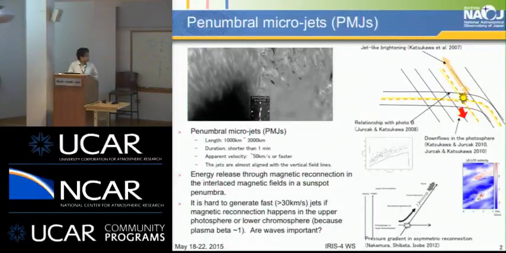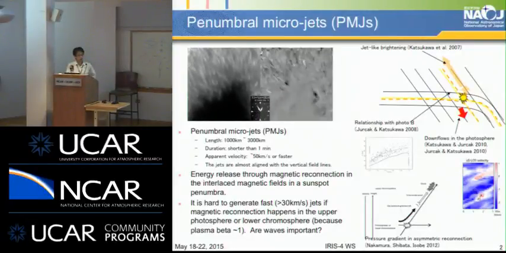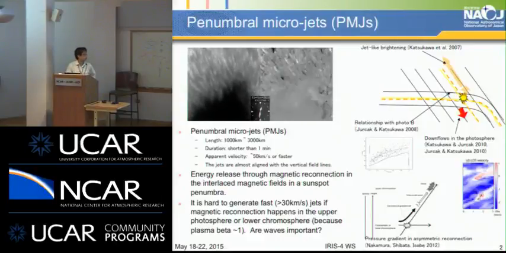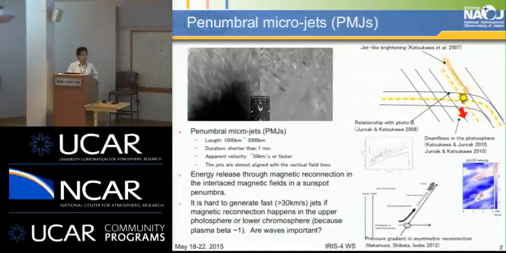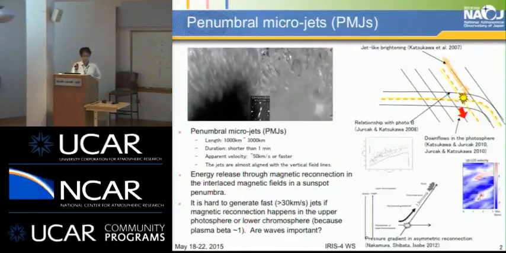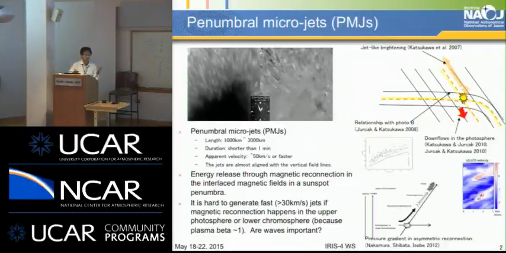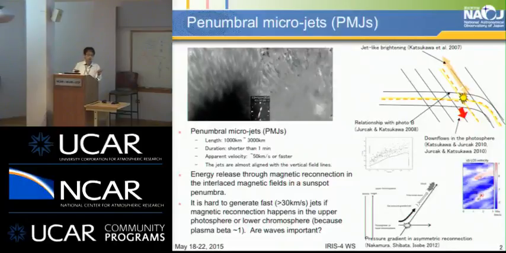But actually, if the reconnection happens in the photosphere or lower chromosphere, it's almost impossible to generate a fast jet, because in the lower chromosphere the plasma beta is usually almost 1. So if energy release happens there, it just generates a sound-speed jet, or the Alfvén velocity is just 100 kilometers per second.